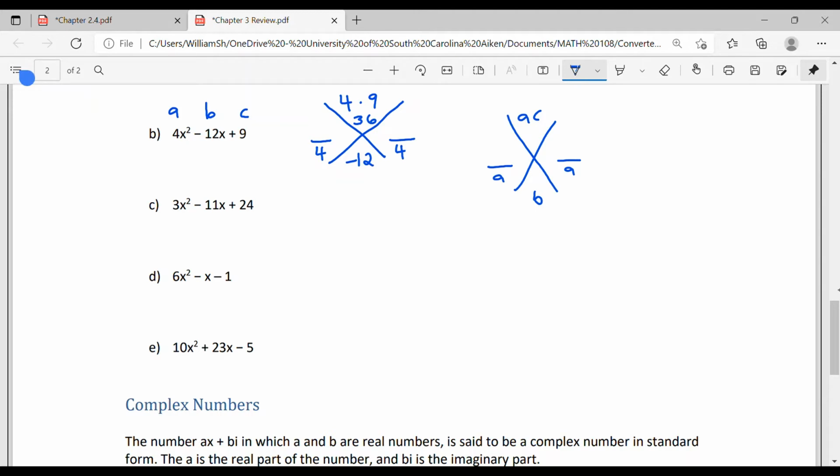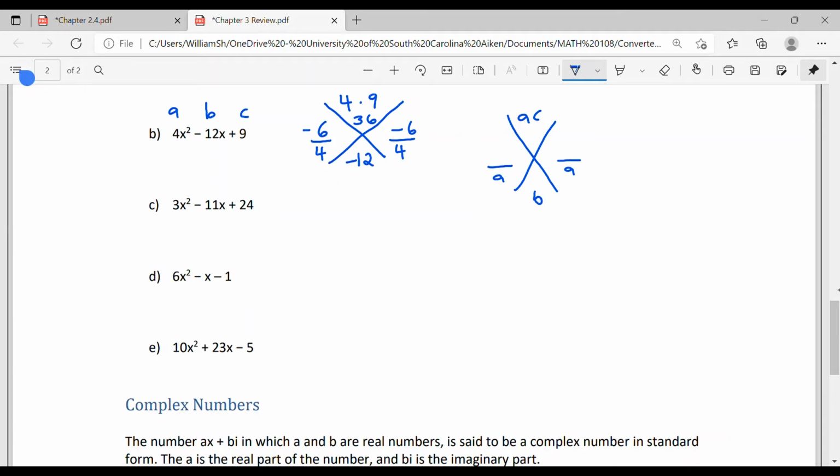But the number that needs to go on top of this fraction is a number that multiplies to 36 and adds to negative 12. Well, let's see. 6 times 6 is 36, and 6 plus 6 is 12. So if I use negative 6 and negative 6, that multiplies to positive 36 and adds to negative 12.